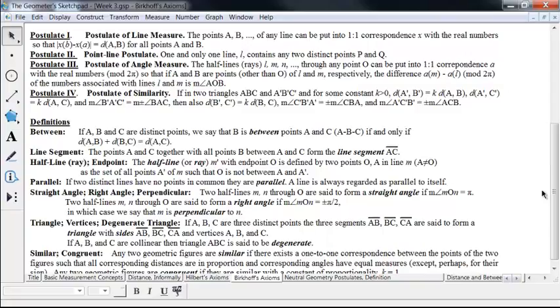Parallel: two distinct lines that have no points in common are parallel. A line is always regarded to be parallel to itself. First of all, notice that we're assuming that everything's in a plane here, so this is really postulates for single plane Euclidean geometry. They don't talk about skew lines, they're just talking about parallel only. A line is regarded as parallel to itself. That's a little bit non-standard, but it does have certain advantages.